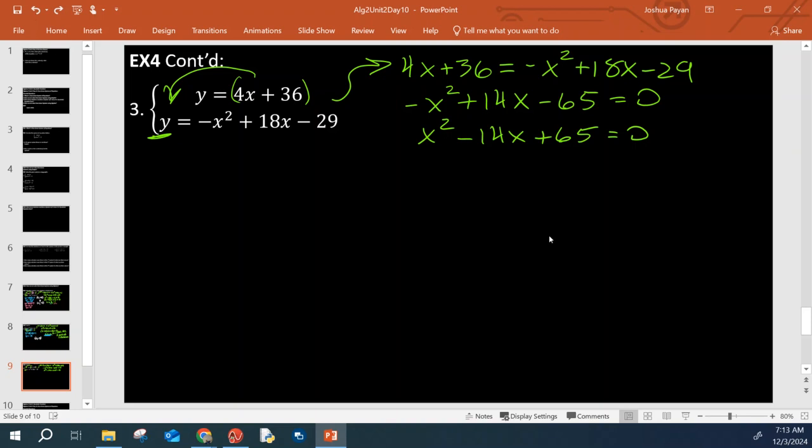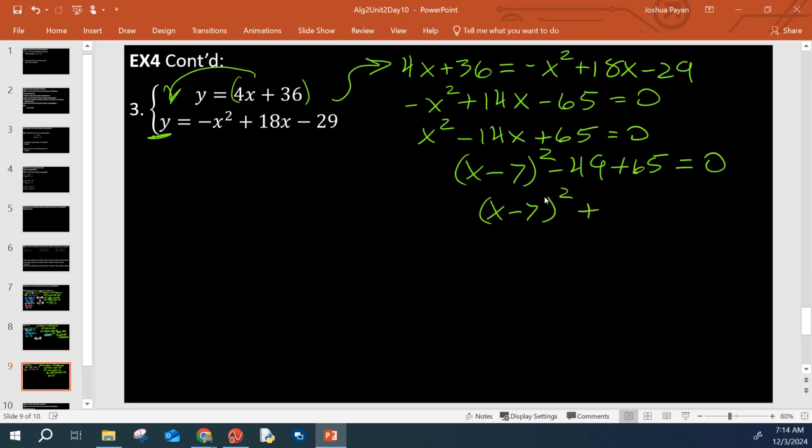It's just easier. So b is negative 14. Half of that is negative 7. All of that squared. Minus, of course, that number itself squared. So negative 7 squared is 49. And then we still have that plus 65 there chilling. Combine these two like terms. That's going to give me x minus 7 all squared plus 16 is equal to 0.